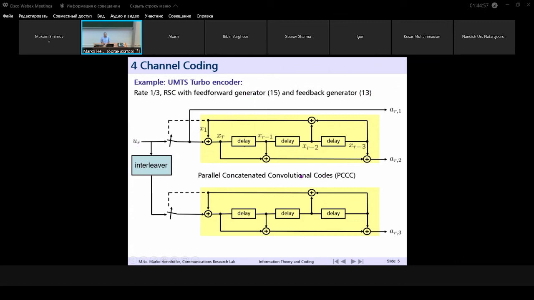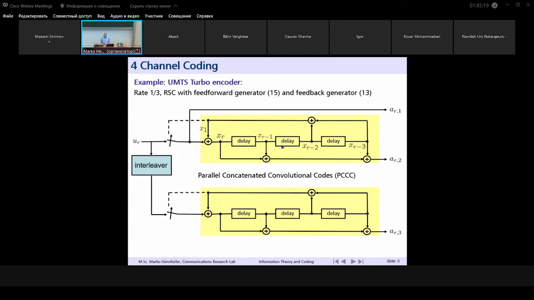Of course, you could also have the idea of linking 2 convolutional codes after each other, like a serial concatenation. But again, I included this type of codes in the lecture because those are the ones being used in mobile communications. And of course, there's a reason for this.